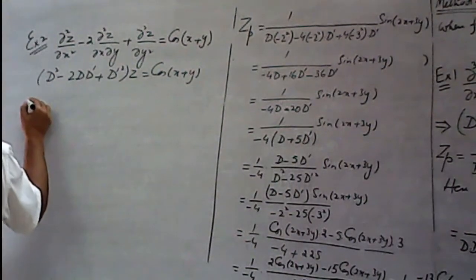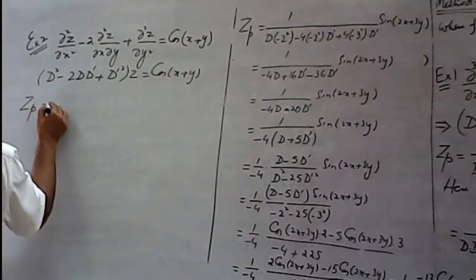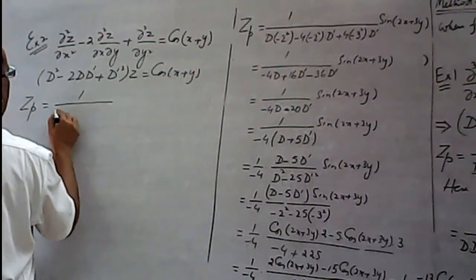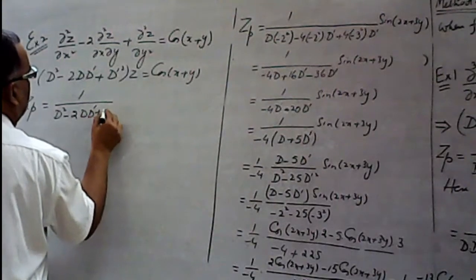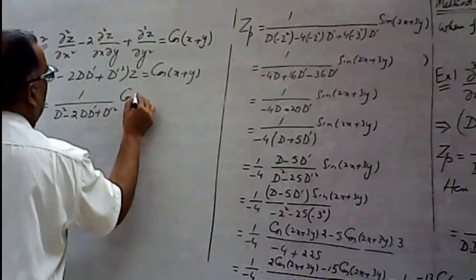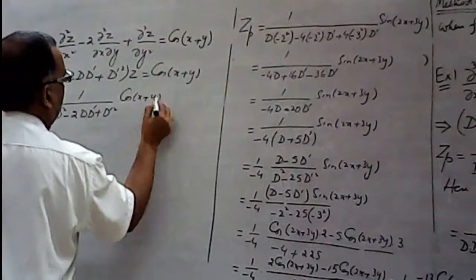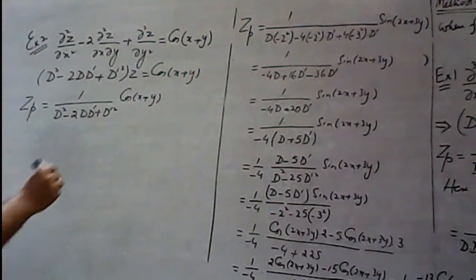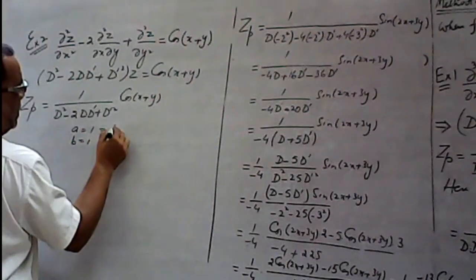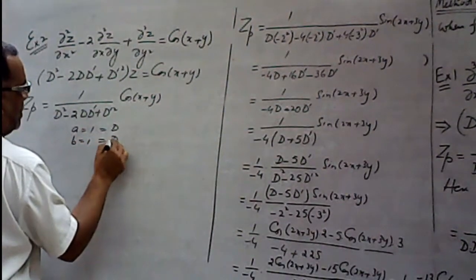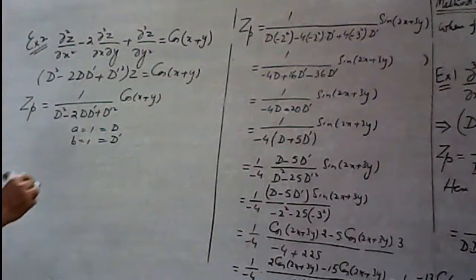Then for finding the particular integral, Zp will be equal to 1 upon D square minus 2D dash plus D dash square cos of x plus y. Now here a is equal to 1, b is equal to 1, means this is the value of D and this is the value of D dash.